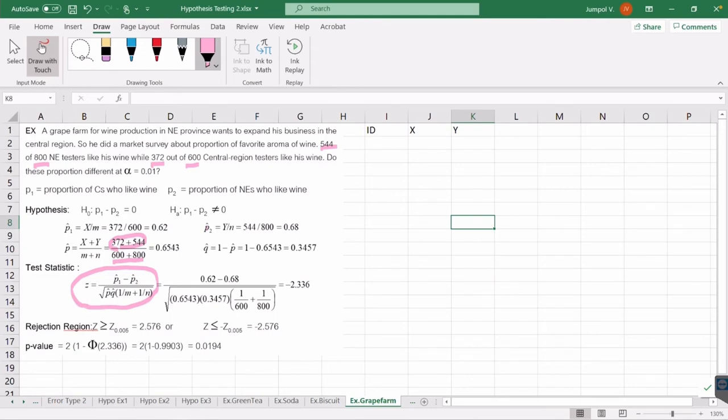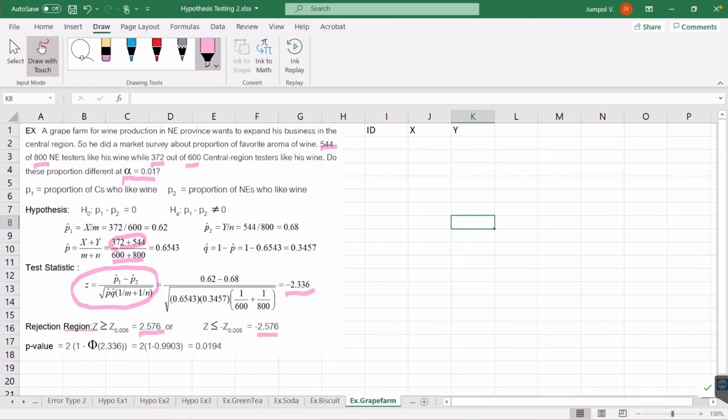We plug in the numbers and get z equal to minus 2.336. But in this problem our significance level is very low too, 0.01. So when we calculate it, the rejection values are 2.576 and minus 2.576.